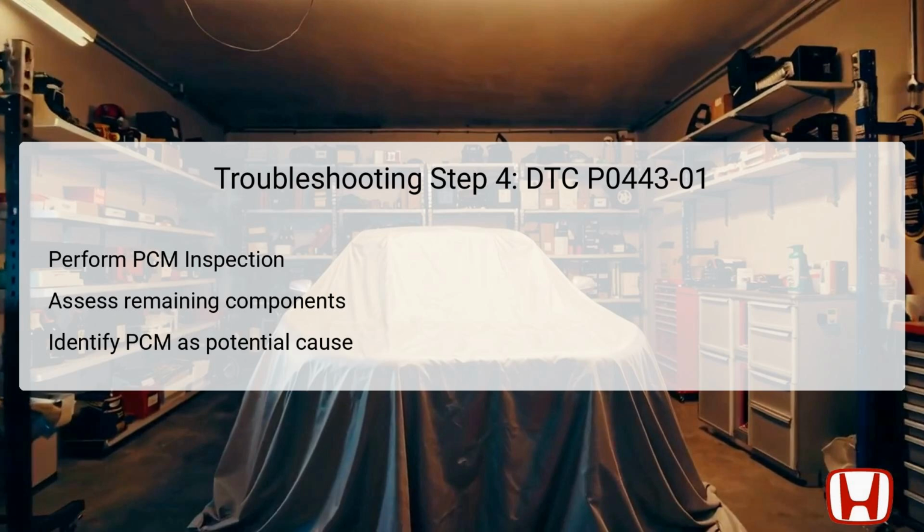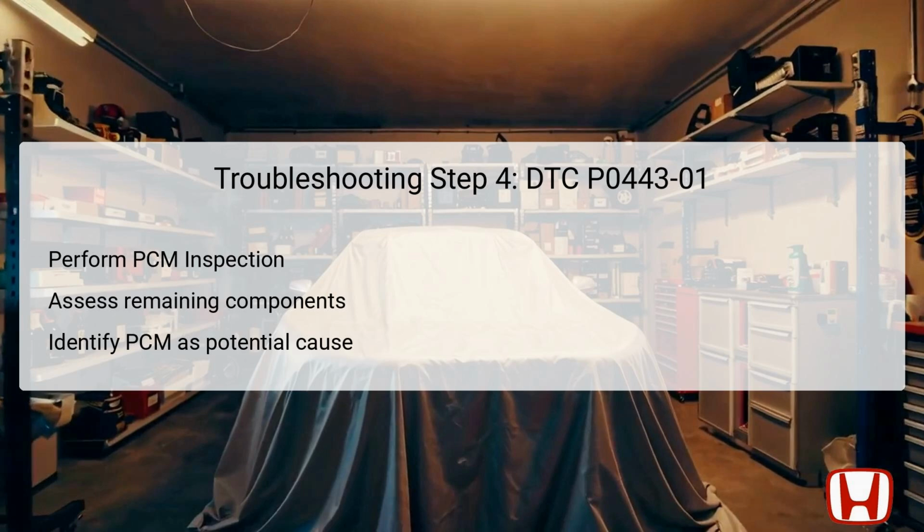The final step in the troubleshooting process is to conduct a thorough inspection of the PCM itself. If previous inspection items have shown normal conditions, the only remaining component that could be the root cause is the PCM. Before disconnecting the PCM, it is advisable to jump the SCS line using a Honda Diagnostic System, HDS, for more effective troubleshooting.